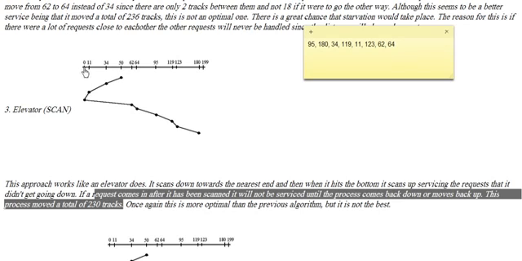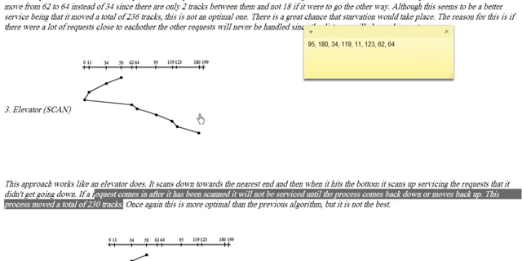Then we move from 0 to the nearest one, which is 62, and then 64. From 64 we move to 95, from 95 to 119, from 119 to 123, and finally to 180.